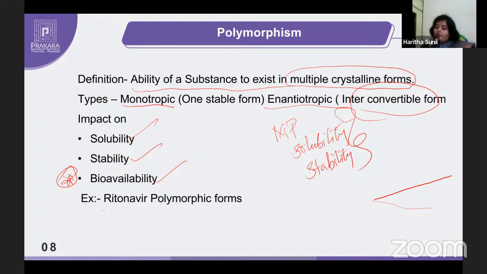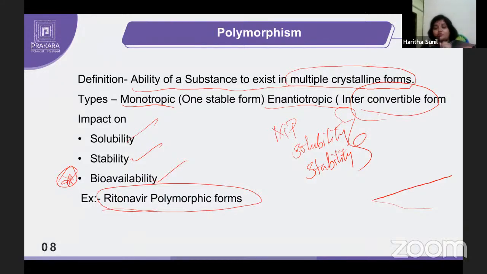Here we have an example called the ritonavir polymorphic forms. Ritonavir, you know, is an antiretroviral drug which was initially produced as a stable crystalline form. A more stable but less soluble polymorph appeared during storage, reducing its solubility as well as the bioavailability.